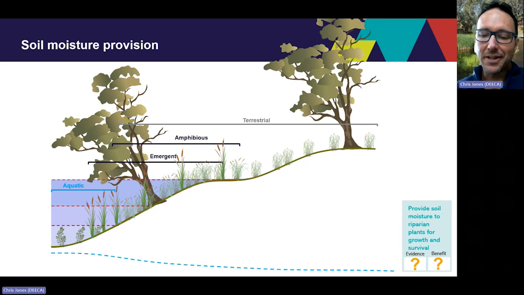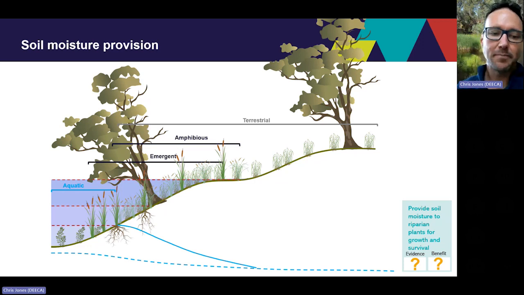There's lots of other systems where you would have other things, but this is an example to show you how it works. So from a base flow provision, the soil moisture progresses and then diminishes as it progresses out through the bank to meet the groundwater supply. This provides benefits to vegetation close to the bank.